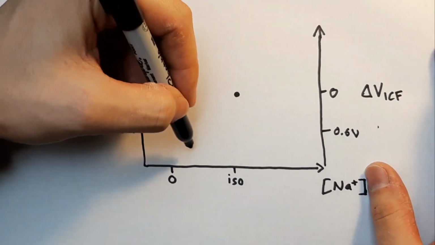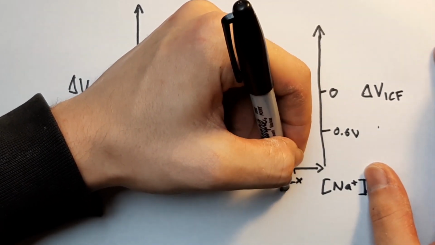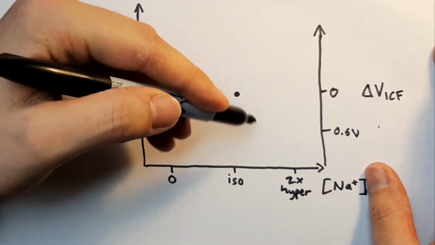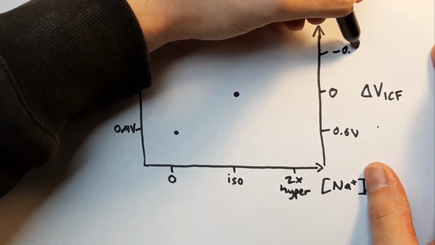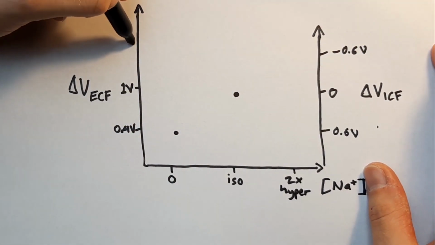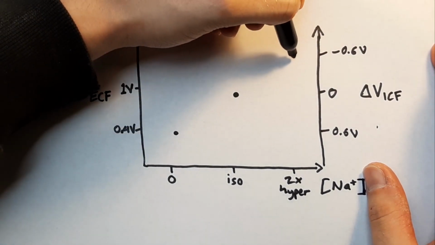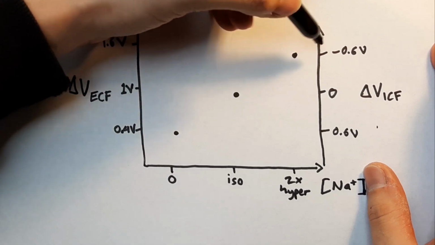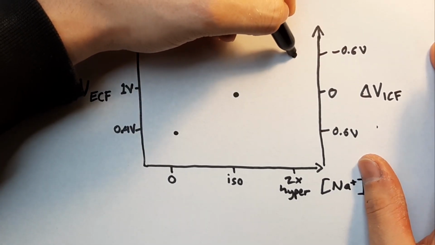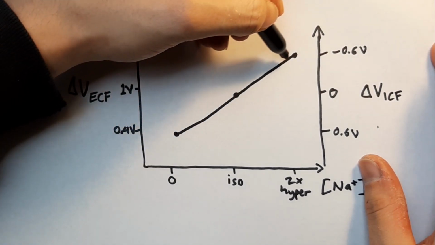If you gave 2 times hypertonic saline, you'd be giving so much salt that you'd actually be pulling fluid out of the ICF, and you'd therefore be putting extra fluid into the ECF. So your cells would shrink. And that's why you can't drink seawater. So you can just draw a line through these, and it's an actual continuum.